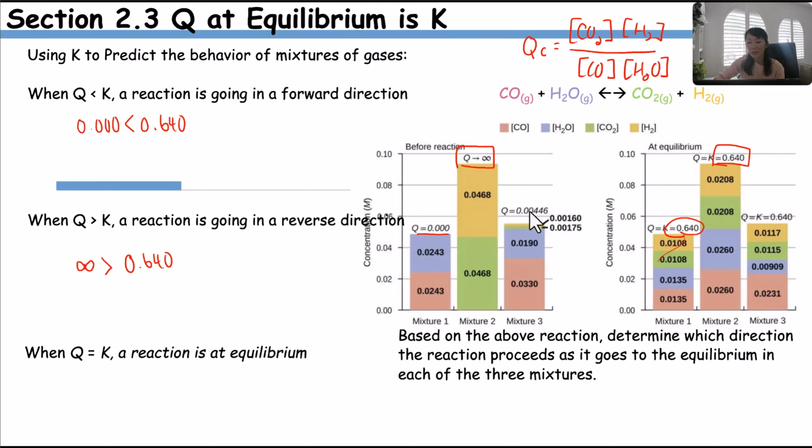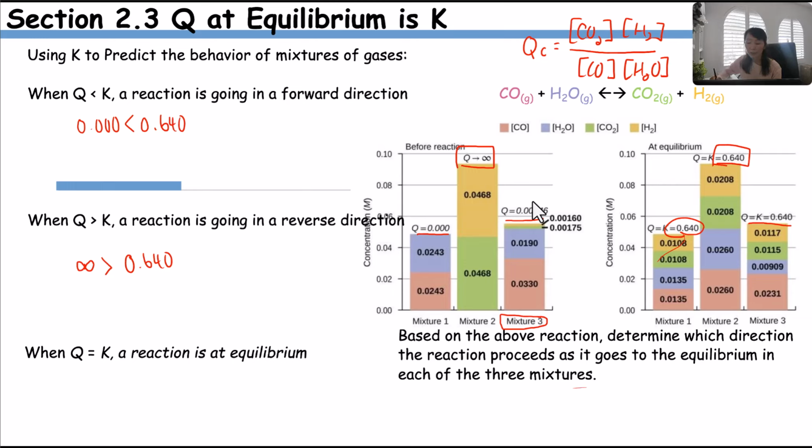So let me give you a scenario. For the very last mixture, number 3, which direction is it going? You notice that the Q value is less than the K value. That means it's going in the forward direction.